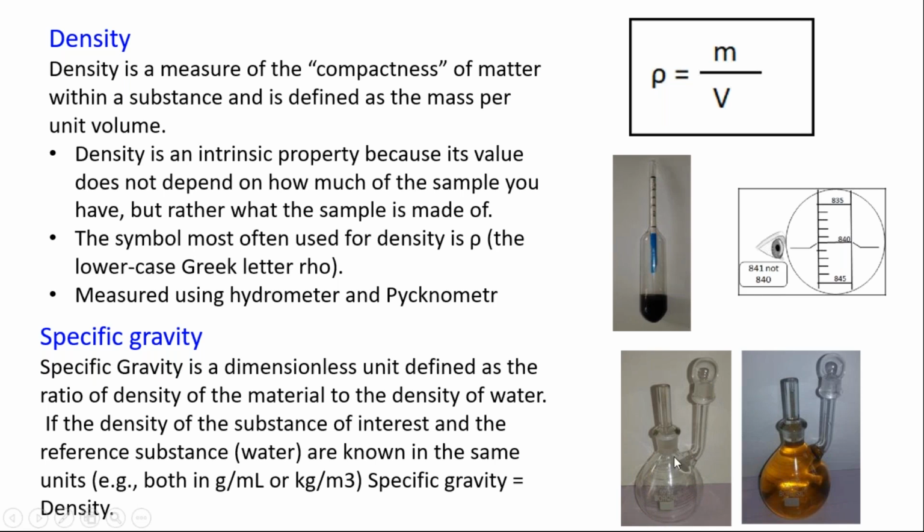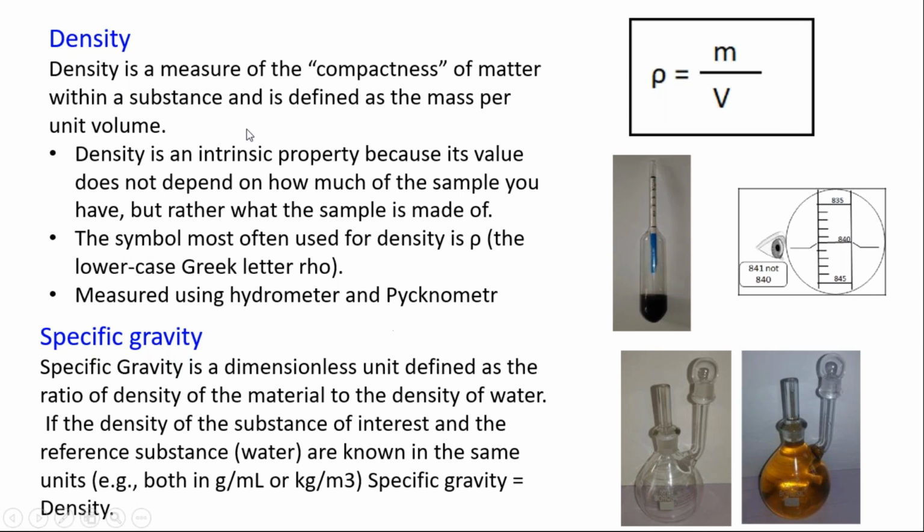The excess volume of what is in the flask will go into the capillary or the stopper, and you know the exact volume, and you can weigh the flask with the stopper, without the stopper, with the liquid, and get the relative density, the density and the specific gravity.